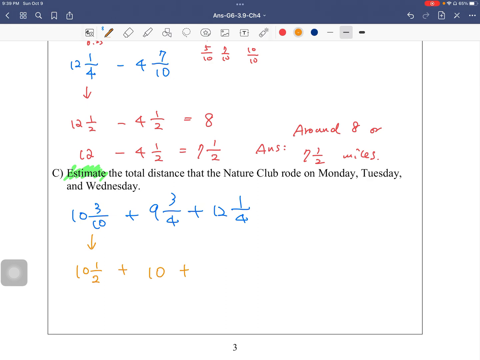And 1 over 4 is either close to a half or just leave it as 12, since 1 over 4 is exactly in the middle of 0 and 1 over 2. So I have 10, 10, 20, 32, 33, or 32 and a half. So it's around 33 or 32 and a half miles.